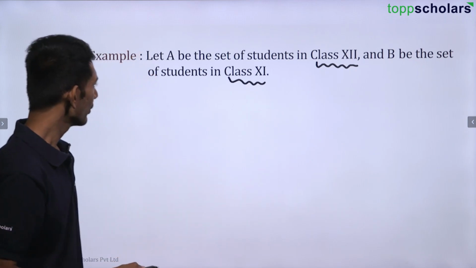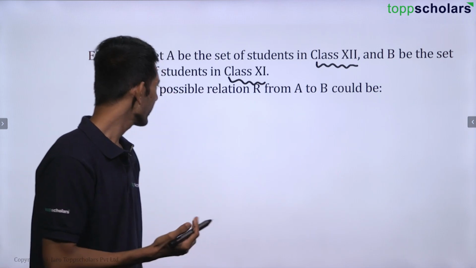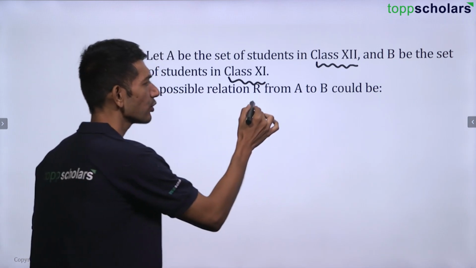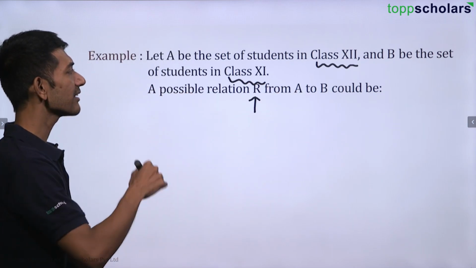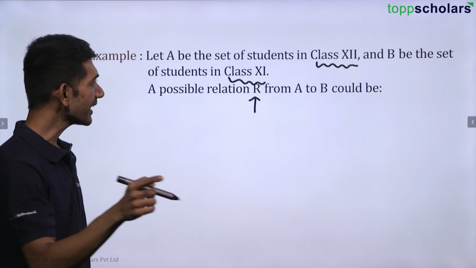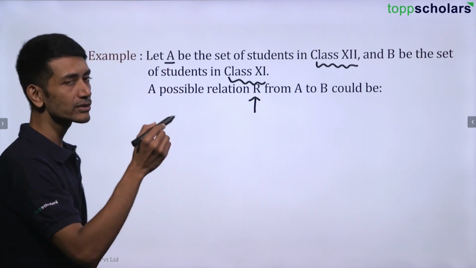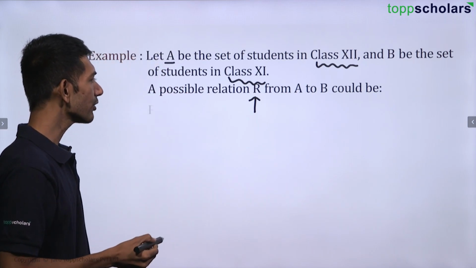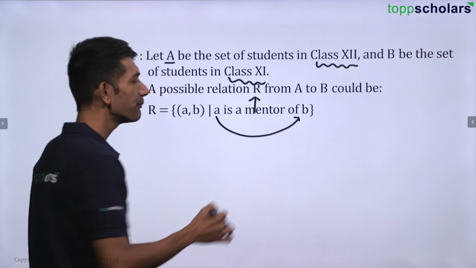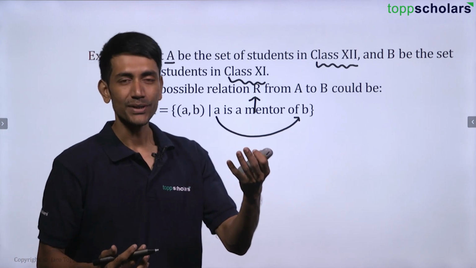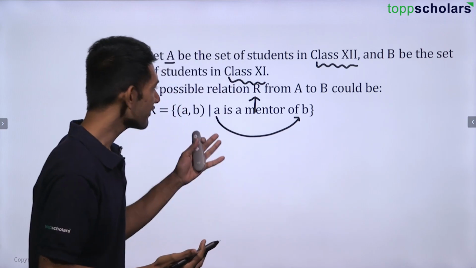We're trying to create a possible relation R. So R is a relation from A to B. A is the set of students of class 12, and B is the set of students of class 11. The relation could be something like this: A is the mentor of B. Class 12 students are like a guide to the class 11 students, right? So we can say that A is the mentor of B.